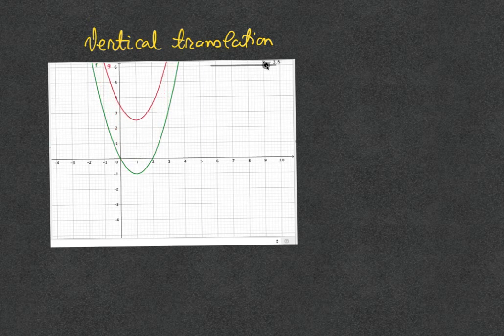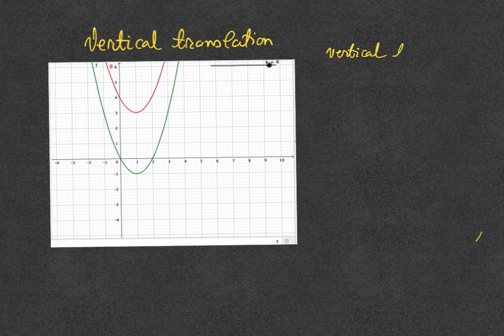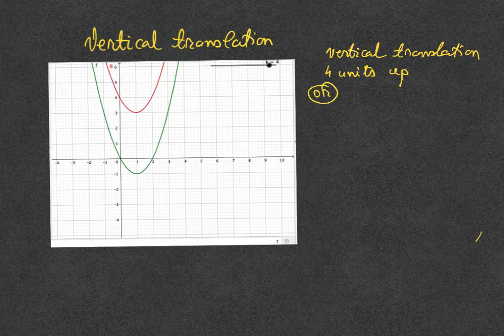So the position I'm going to stop at represents a vertical translation 4 units up, or translation by the vector 0, 4, meaning 0 units horizontally and 4 units vertically up.